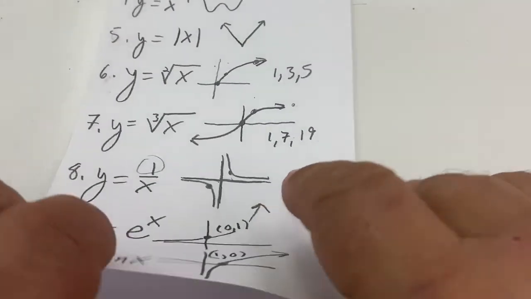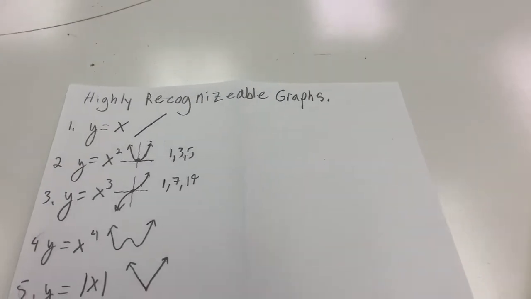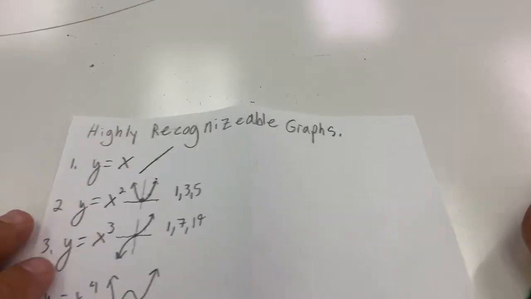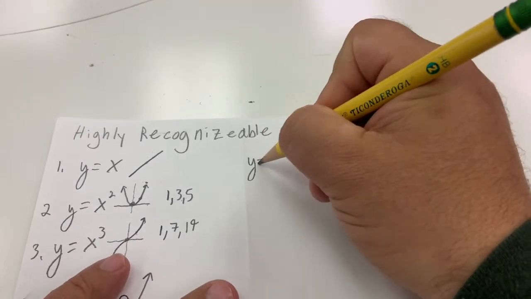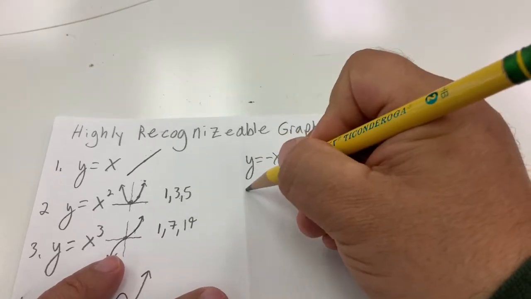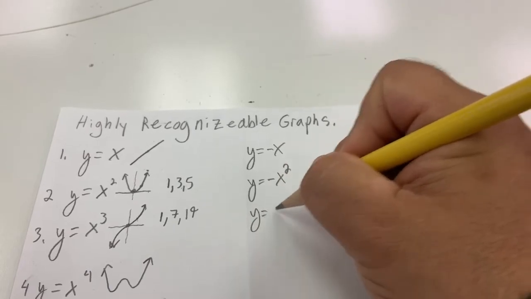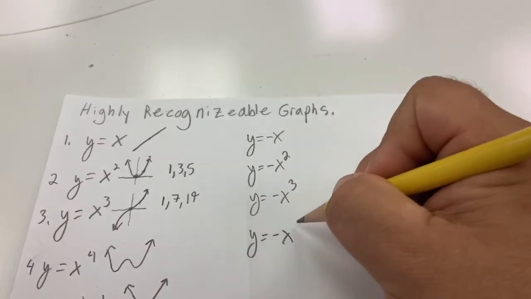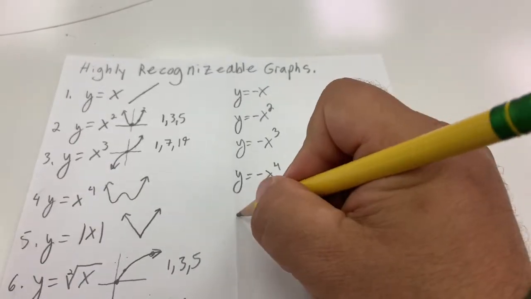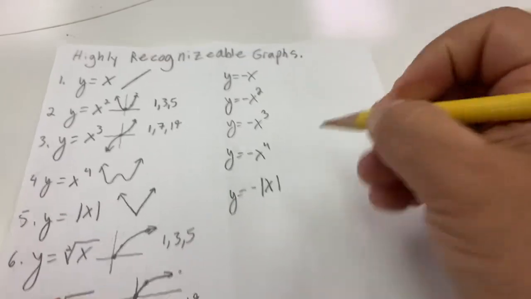Now I'm going to open up my paper. Going to open it up. And alongside of it, we're going to do the negative version of it. So over here, we're going to do y equals negative x. Y equals negative x squared. Y equals negative x cubed. Y equals negative x to the 4th. Y equals negative absolute value of x.